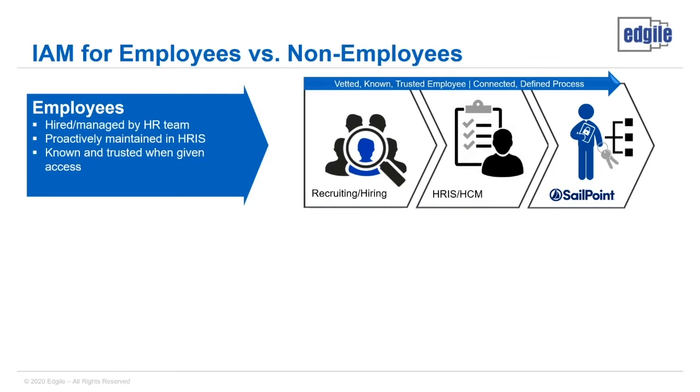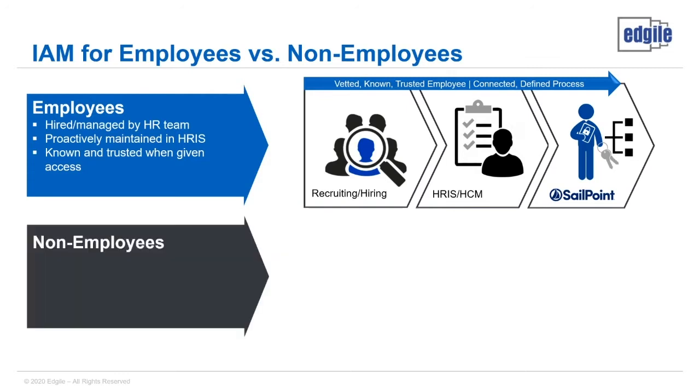Because when you think about the non-employee process, it's very different. Non-employees, you think about contractors or affiliates or partners or any of these folks that don't exist in that HR system, they come in a little bit differently. Quite often we start by vetting their organization.